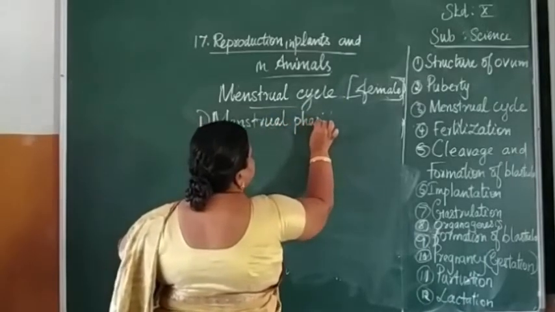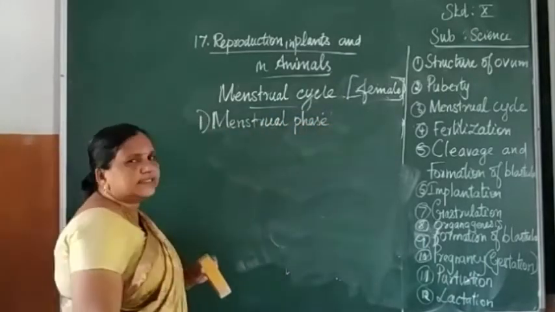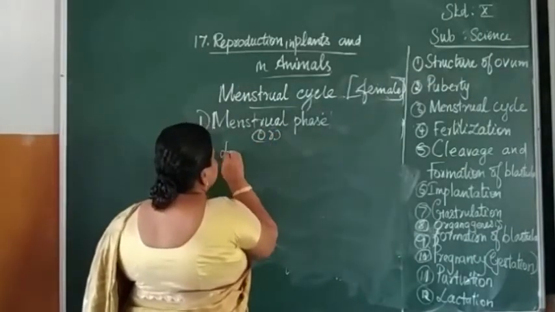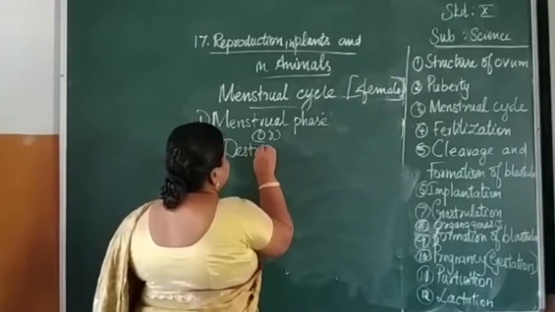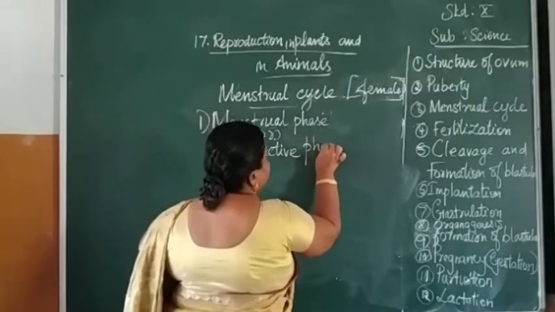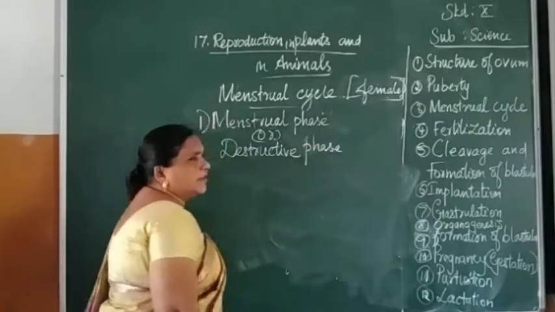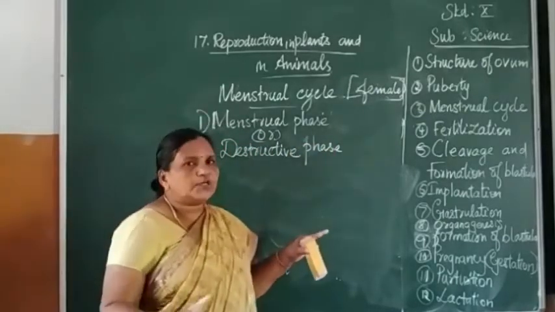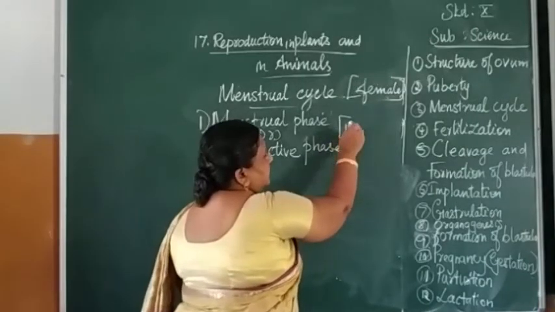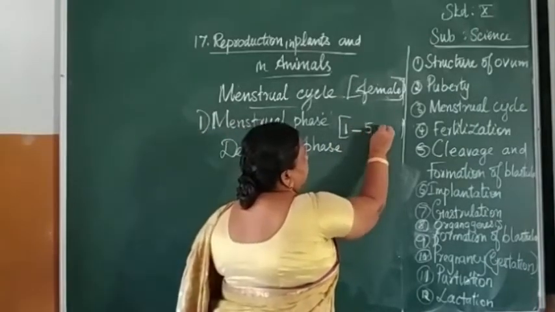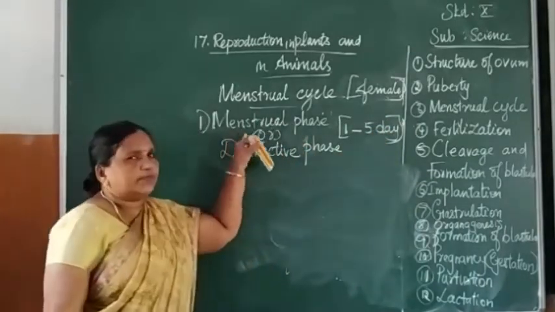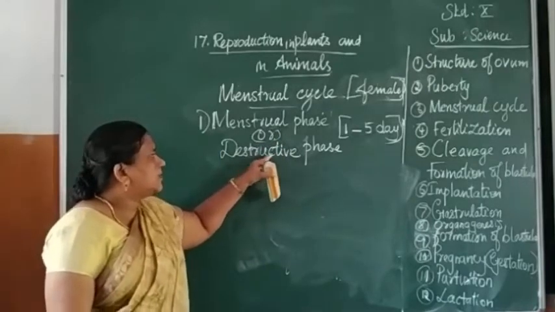This phase is otherwise called the destructive phase. This phase prolongs from 1 to 5 days, from the initiation day to the 5th day. First 5 days, during this menstrual cycle time, the destructive phase.